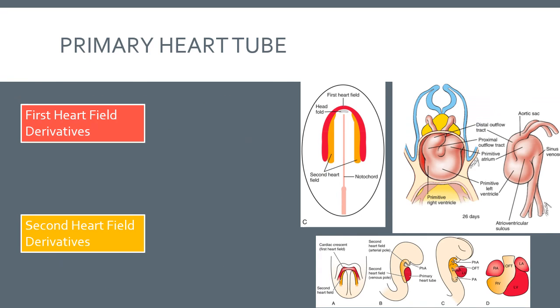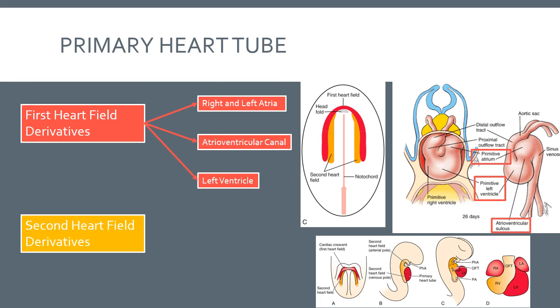Okay. So lastly for this lecture, the primary heart tube, again, as we talked about, it's derived both from the first heart field and the second heart field. And it's worth paying attention to which things are derived from which field. The first heart field derivatives include both the atria, the atrioventricular canal, and the left ventricle, but not the right one.